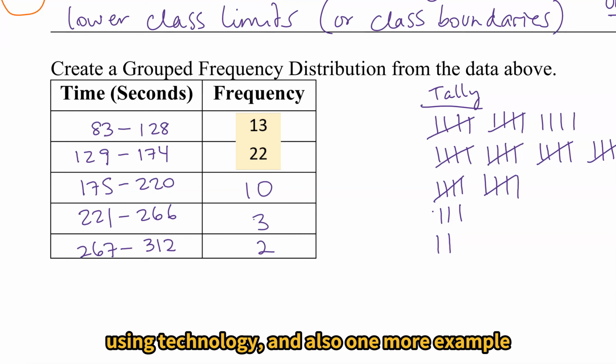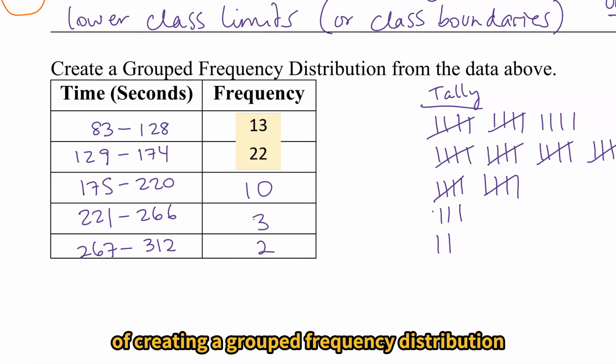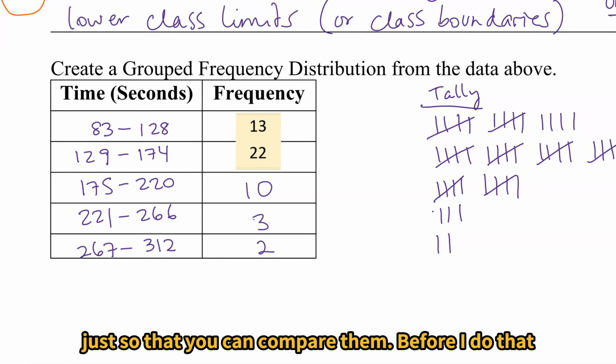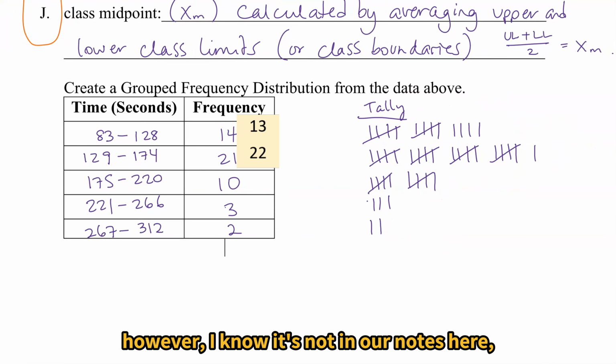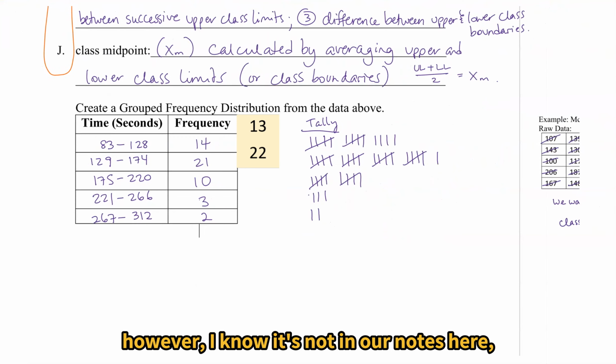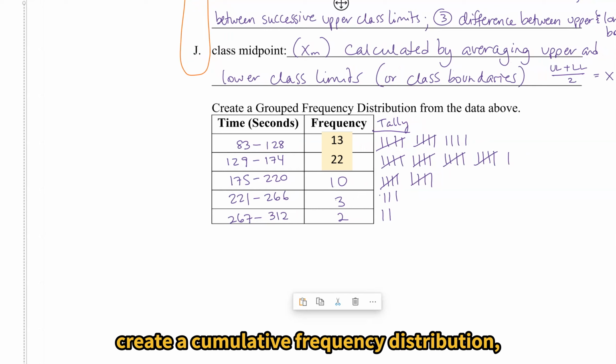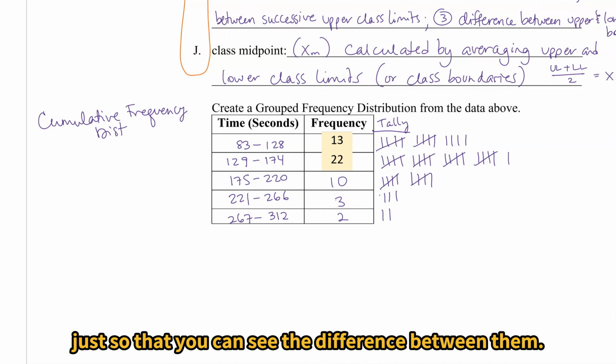And also one more example of creating a grouped frequency distribution and a relative frequency distribution, just so that you can compare them. Before I do that, however, I know it's not in our notes here, but I want to create a cumulative frequency distribution, just so that you can see the difference between them.